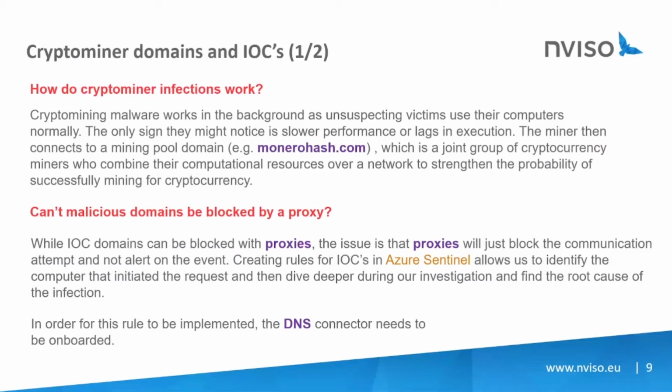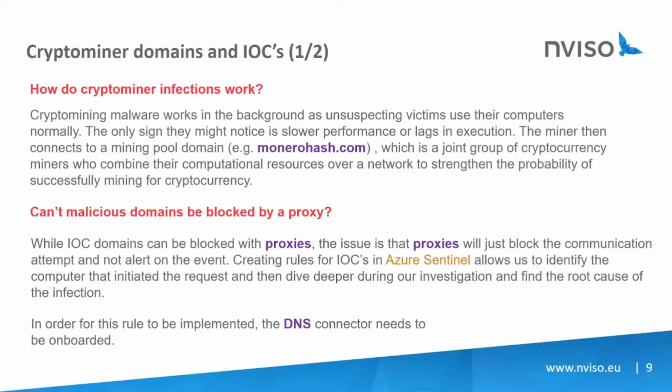Now, these domains are not malicious per se. For example, monerohash.com. I could go to monerohash, and it's not like I'll get infected or anything. It's just that they could be reliably used to check for crypto miner infections.